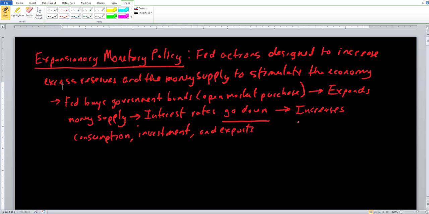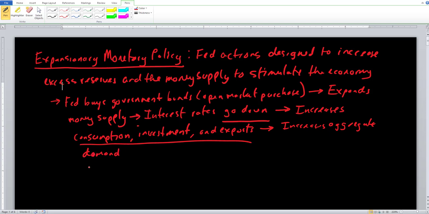And as consumption, investment, and exports go up, this is going to cause our aggregate demand to go up as well. So it increases aggregate demand. And remember, aggregate demand is essentially all the components of GDP or aggregate expenditures. But as aggregate demand increases, that is going to have an impact on our little economy.